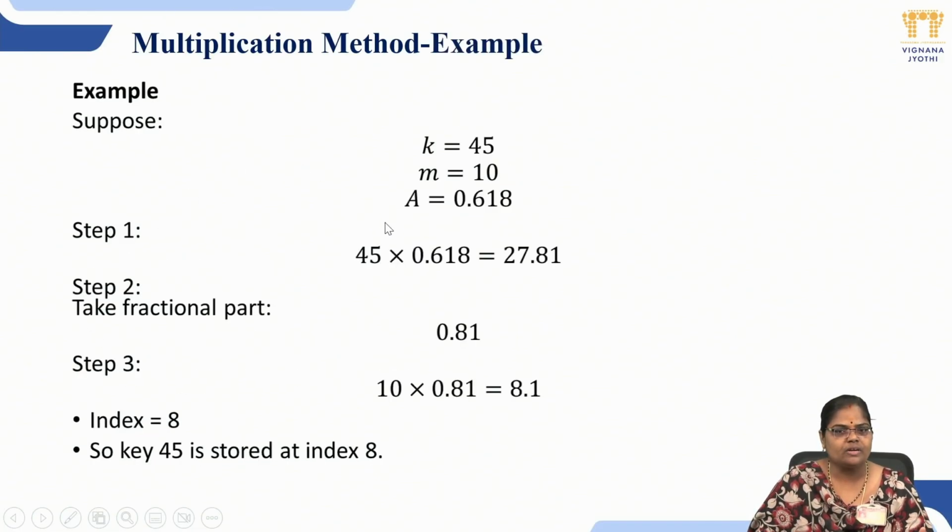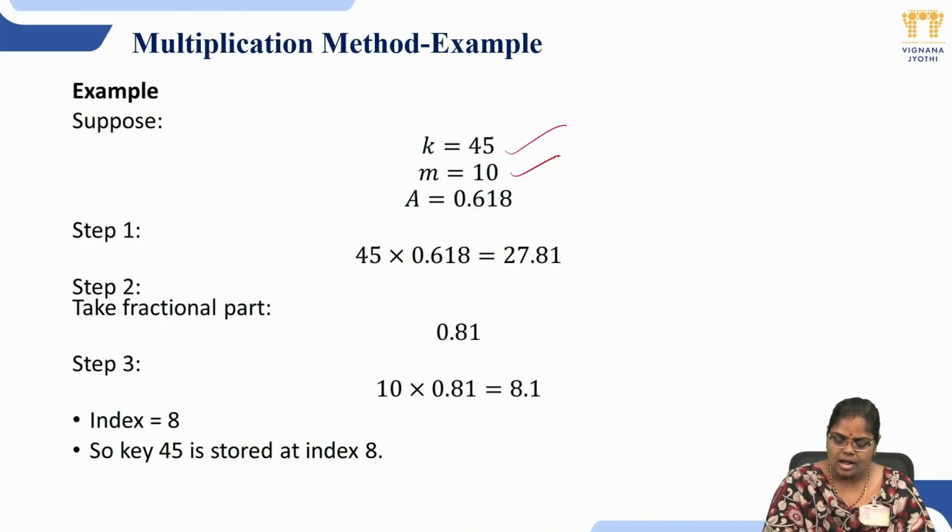Proceeding with an example of a multiplication method. Here we take a key 45, a hash table size of 10, and a constant defined by Donald Knuth given as a value 0.618. Usually we consider this as a constant which ranges from 0 to 1. So the first step as per your previous slide is, we multiply the constant value with the key.